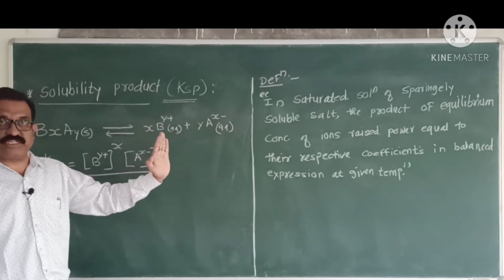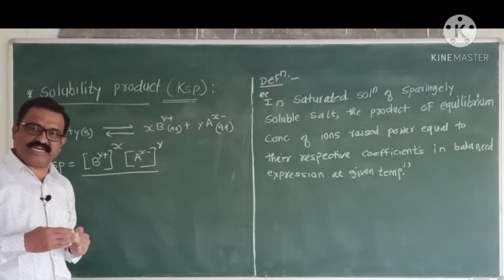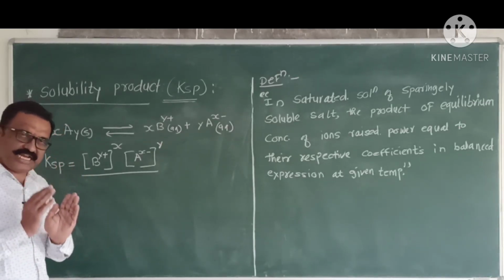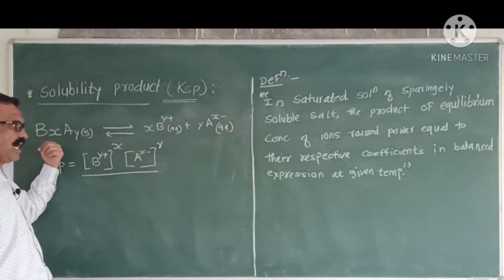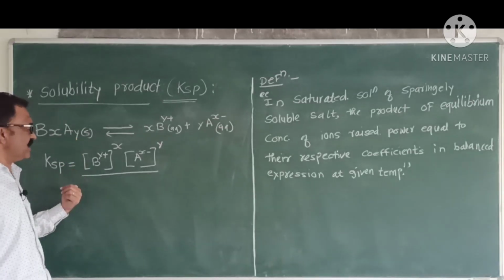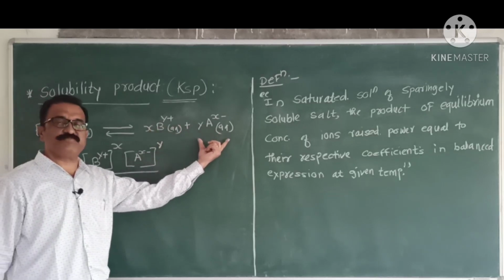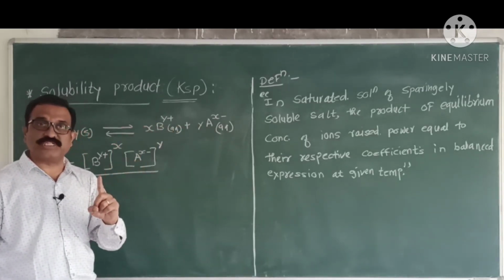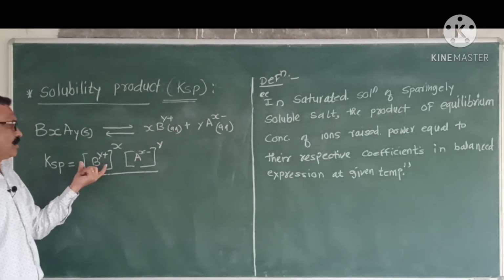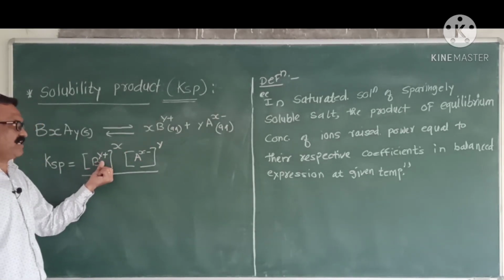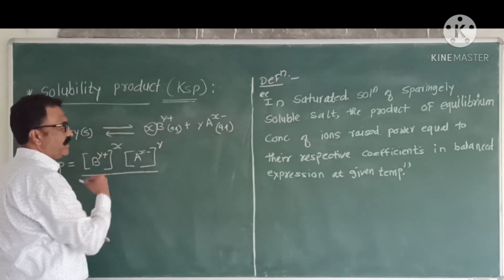After dissolution, the reaction is reversible and equilibrium will be attained. After rearrangement, the solubility product for such salt BxAy is equal to the product of the concentration of ions present in its saturated solution. That is, in saturated solution, the product of concentration of B y plus, its power is equal to the number of coefficient.